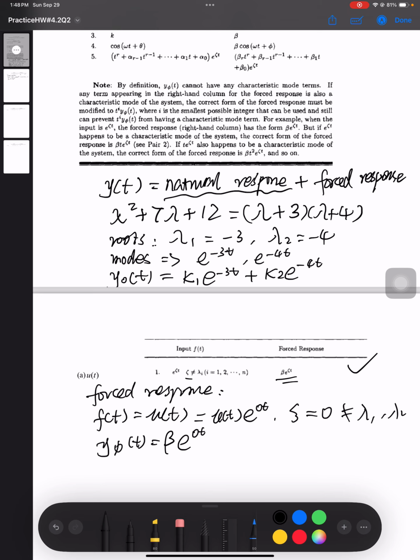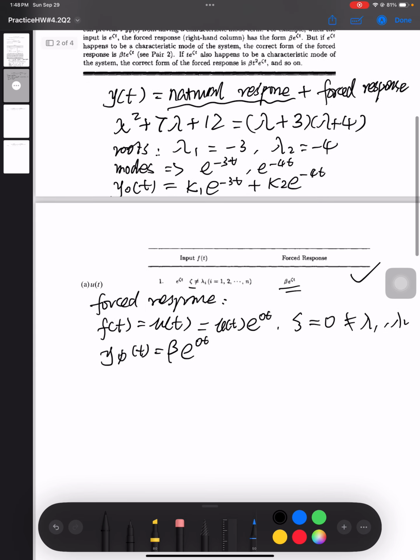And then we know the system equation is this, equals (d plus 2) f(t).